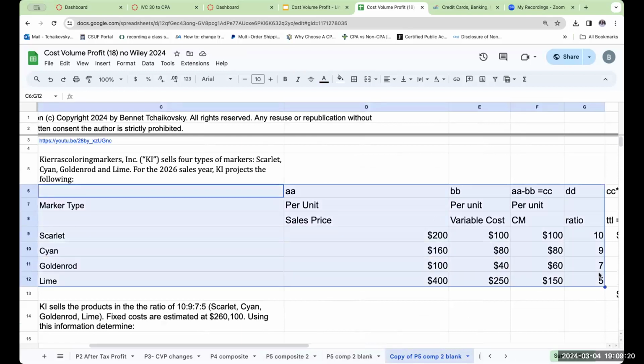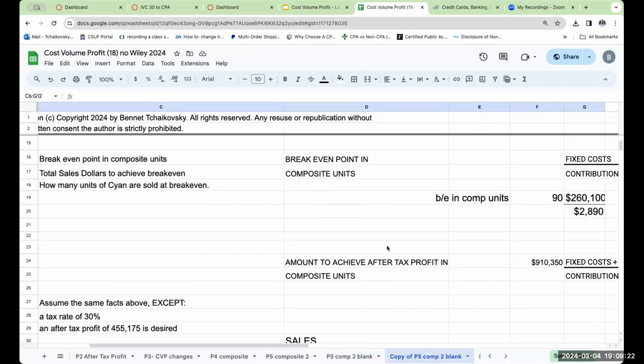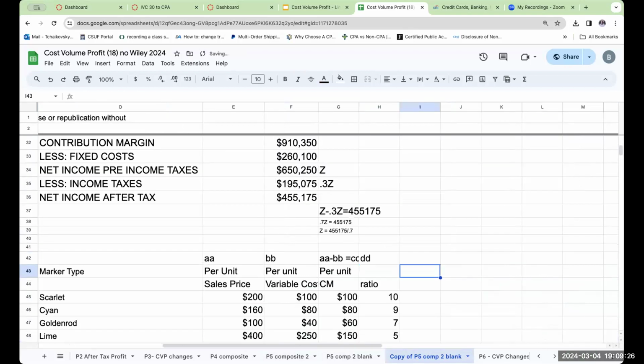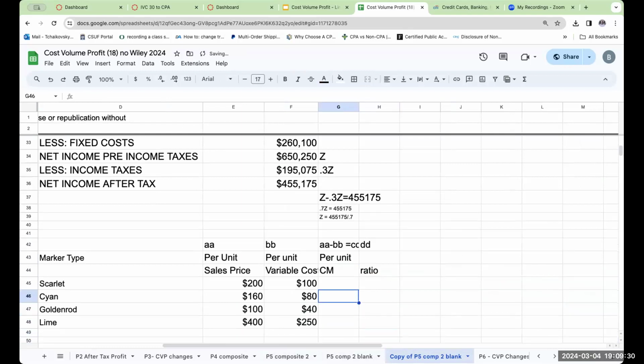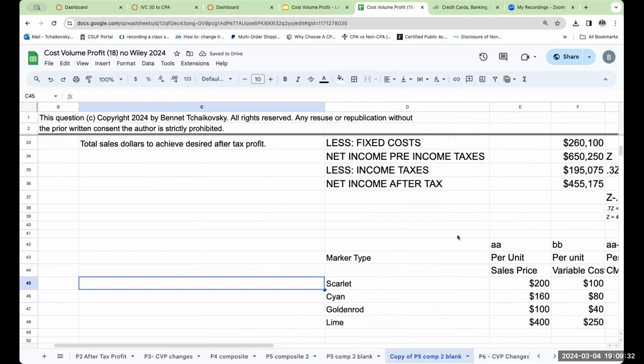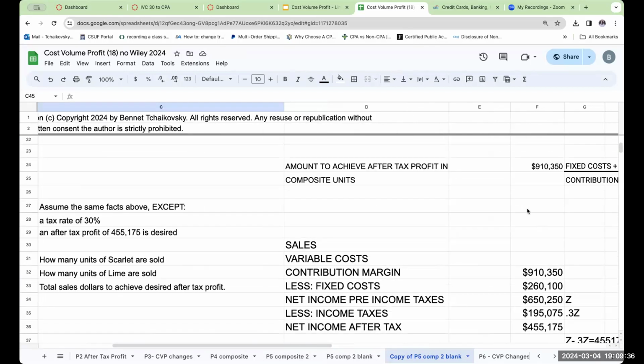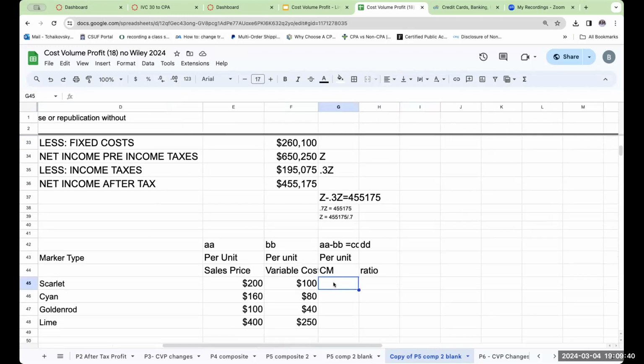And this will be a nice little review for us to go through and do. So over here, my contribution margin per composite unit, I'm basically going to do the same thing I did in the other question.